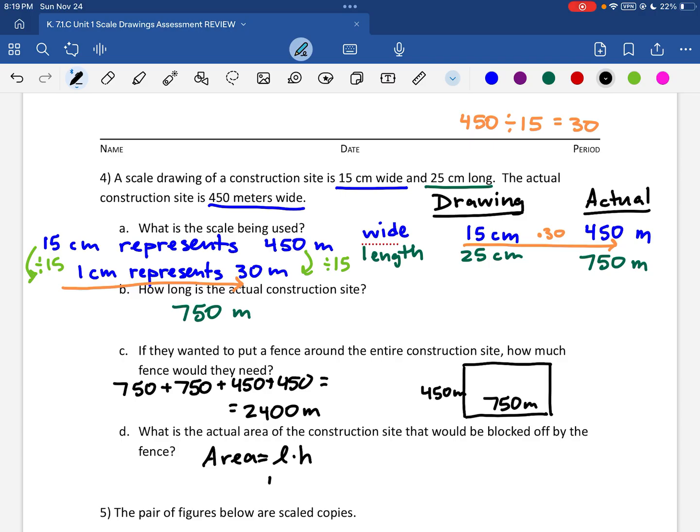So all I need to do is take my 450 and multiply it by 750. And I get, ooh, that's a big number, 337,500. Now remember, our units change here because I multiplied meters with meters, so I get meters squared.